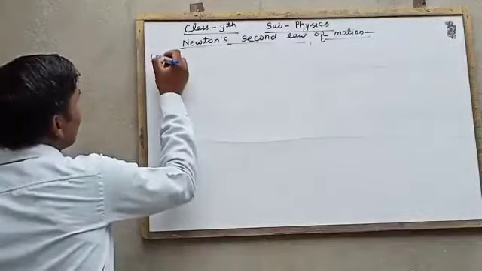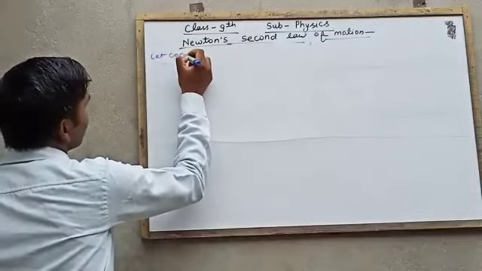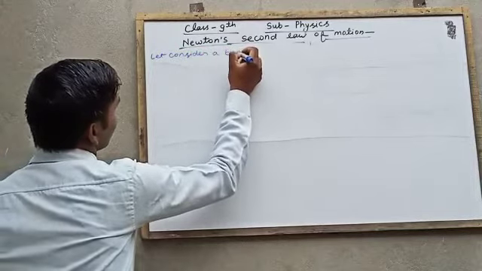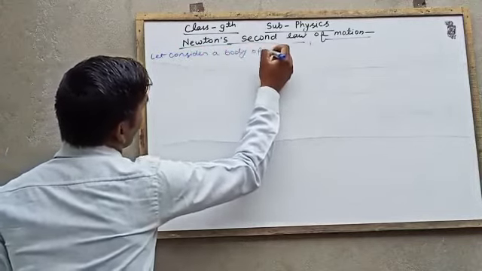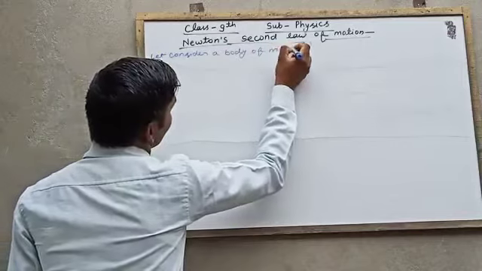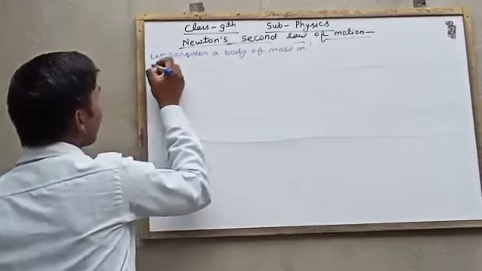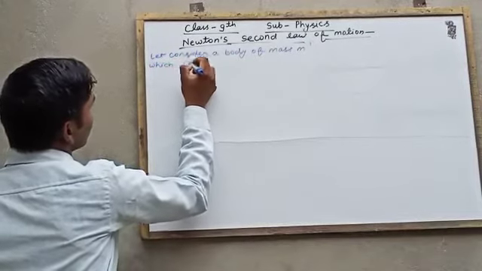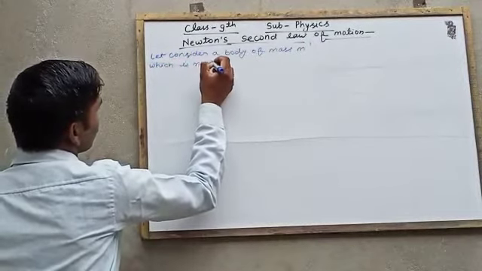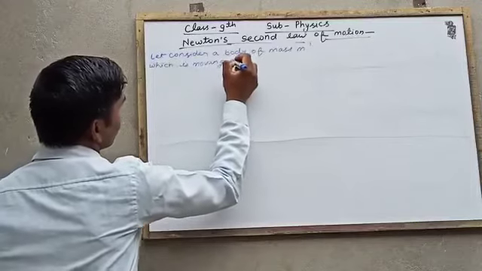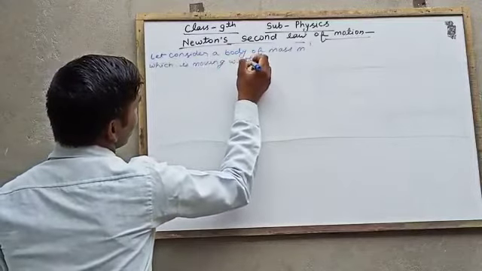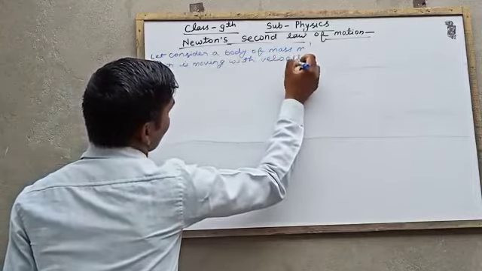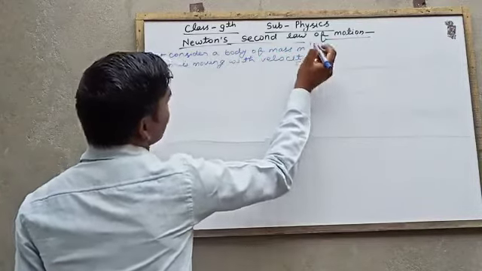Let us consider a body of mass m, which is moving with velocity u.